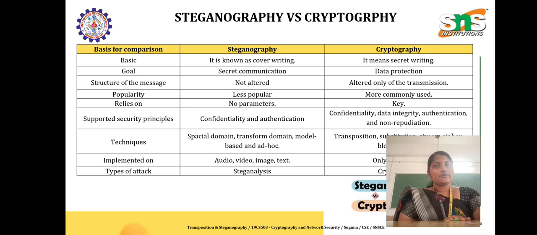Now here is a comparison of steganography and cryptography. Steganography is cover writing, cryptography is secret writing. Steganography is secret communication, and the main goal of cryptography is data protection.